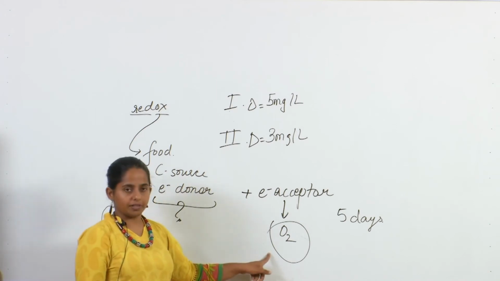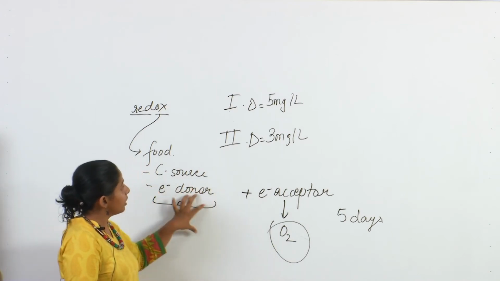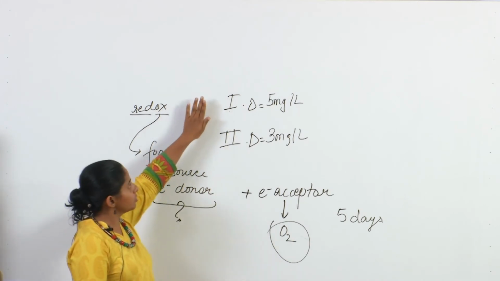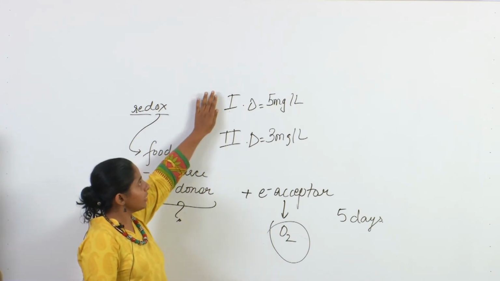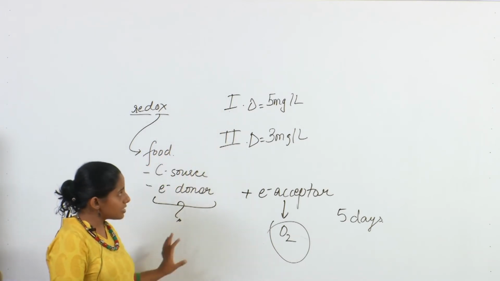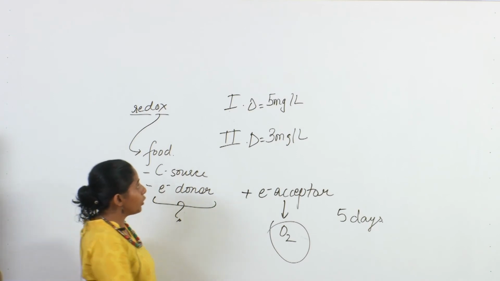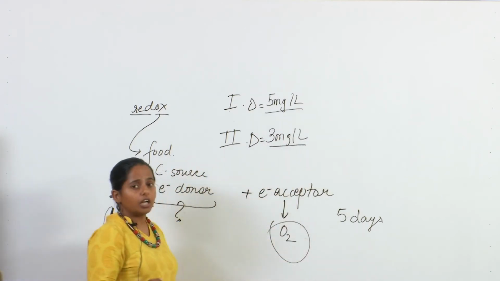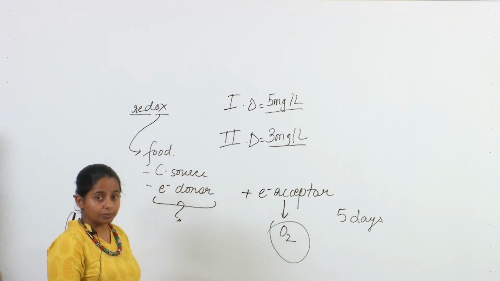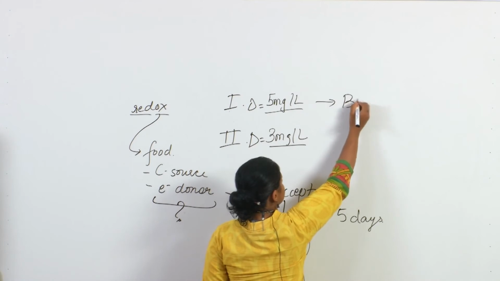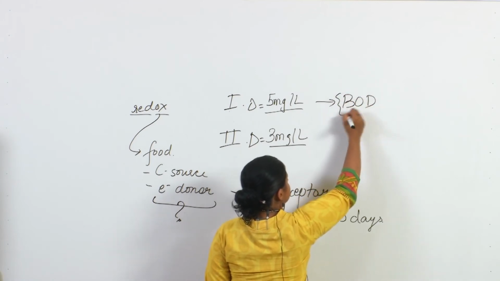So more electron donor was present in sample 1 compared to sample 2. In other words, more waste material was present in sample 1 compared to sample 2. So this is what BOD is. By looking at how much oxygen is demanded, I get an idea of how much organic or biodegradable waste is present in the water. This is what we call biological or biochemical oxygen demand.